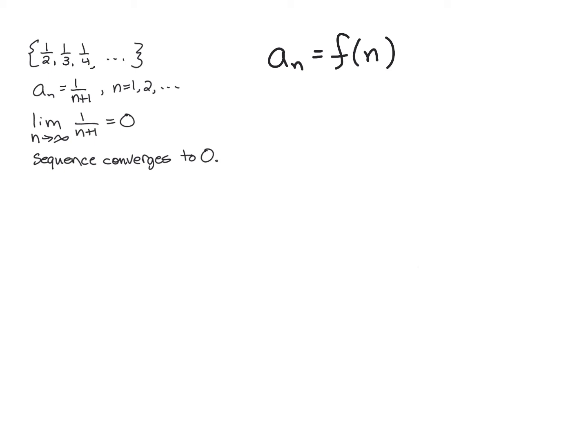Also, just like limits of functions, limits of sequences have certain properties as well. If you add the limits, the limit of a sum is going to be the sum of the limits. The limit of the difference is going to be the difference of the limits. The properties of limits, most of them are natural for us.